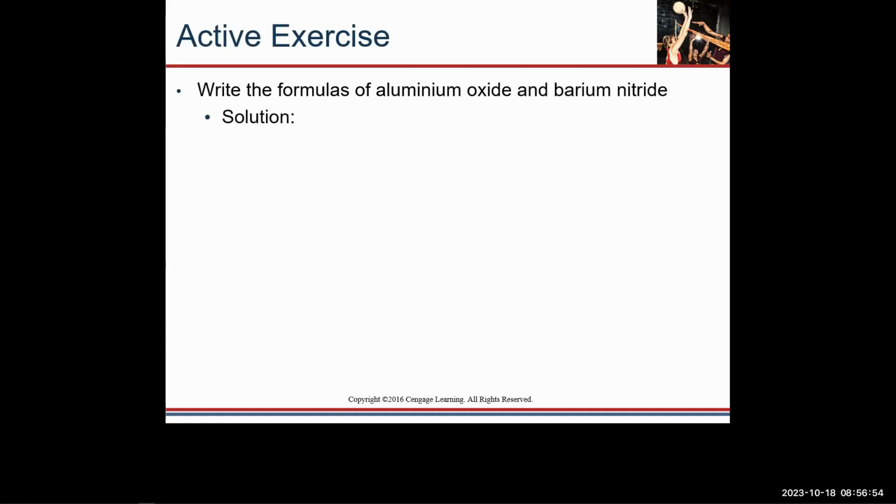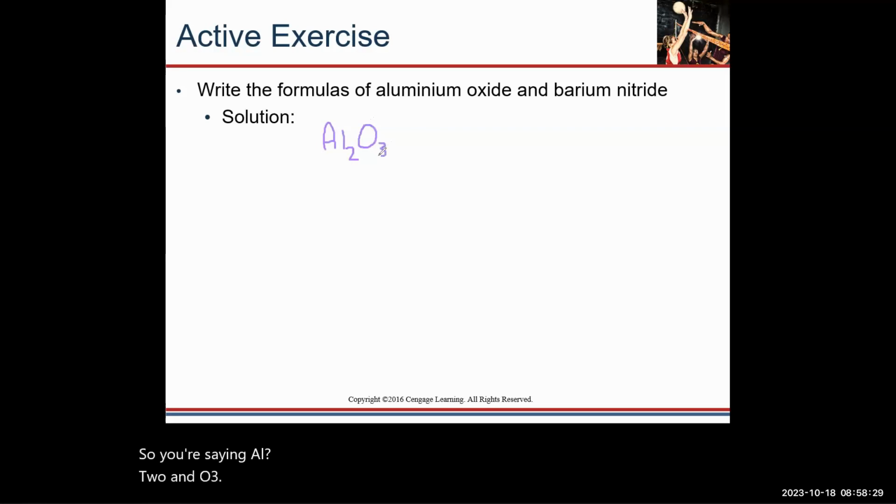Okay. So write the formulas for aluminum oxide and barium nitride. Any volunteers? Would the first one be Al2 and O3?